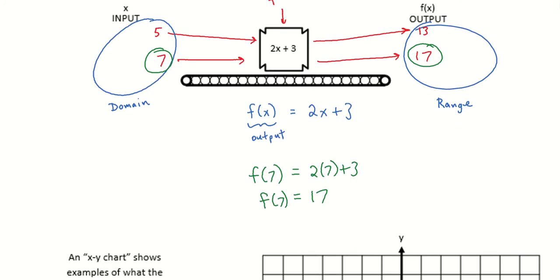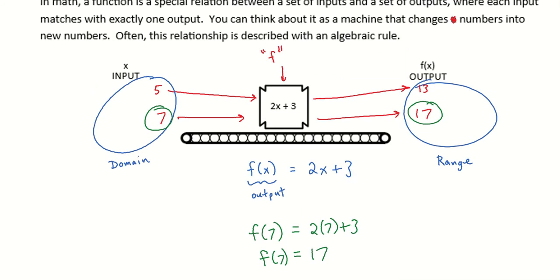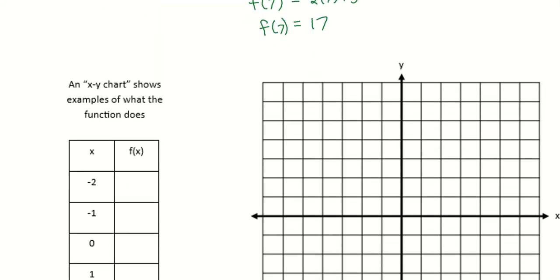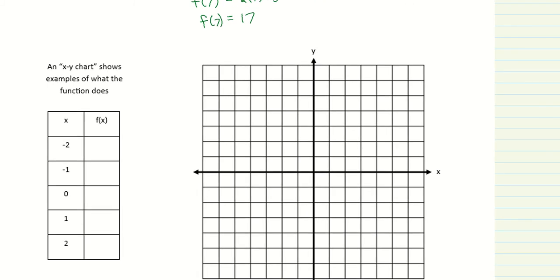Now, this is a handy way of looking at it, but we can also represent what this function does by making a little xy chart. Let me rewrite the function over here again. f of x was equal to 2 times the input plus 3. So I can take some nice numbers like -2, for example, plug it in the machine and see what I get. When I plug -2 into the function machine, we times it by 2 and add 3.